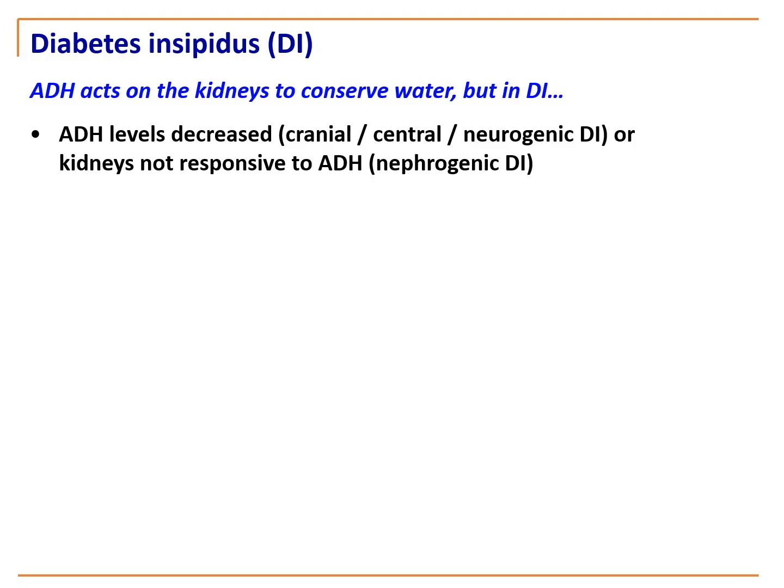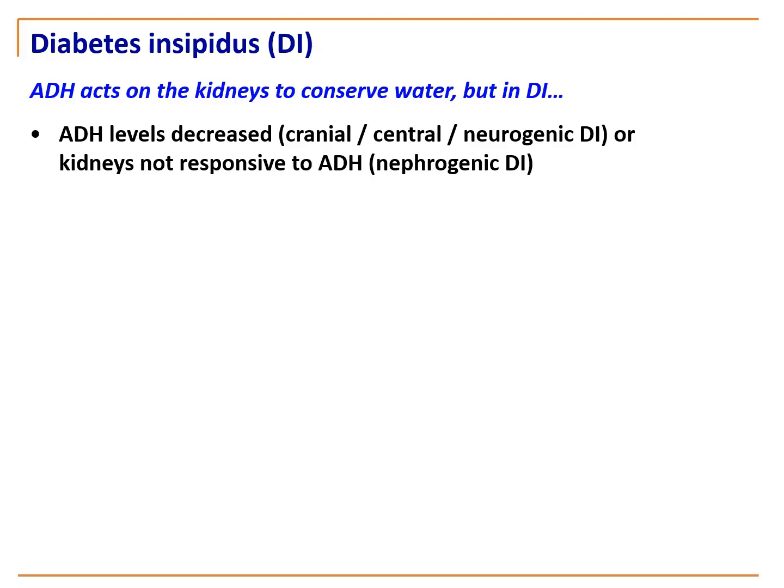Remembering what happens, ADH acts on the kidneys to conserve water. But in diabetes insipidus, either ADH levels are decreased, so that might be through cranial or central effects. It has three different terminologies that you might see banded around: cranial, central, and neurogenic, but it's just what's happening in the head.